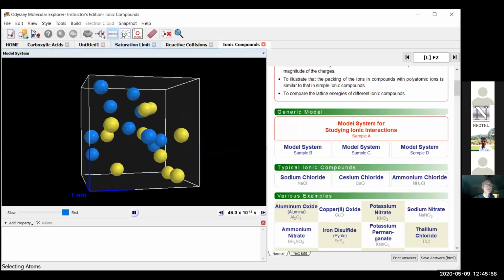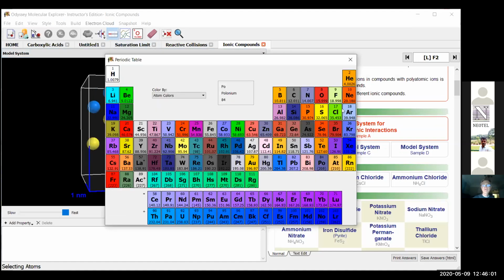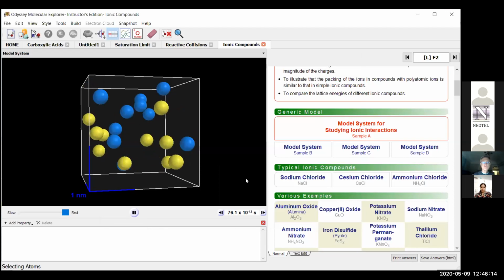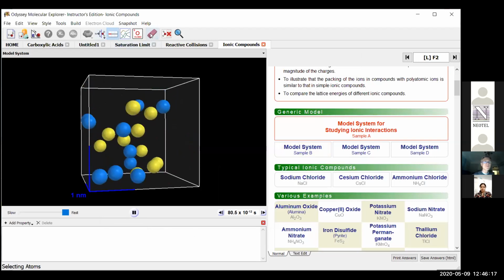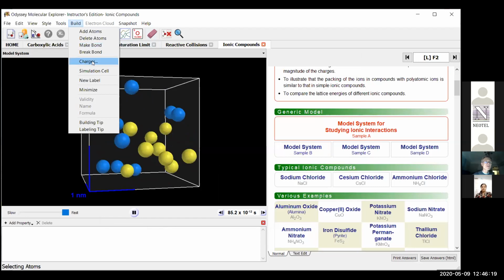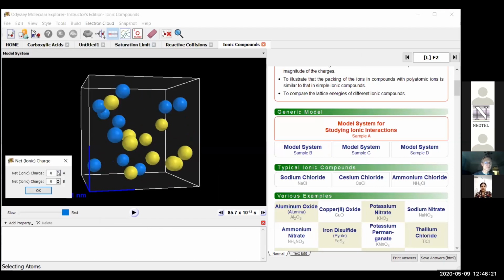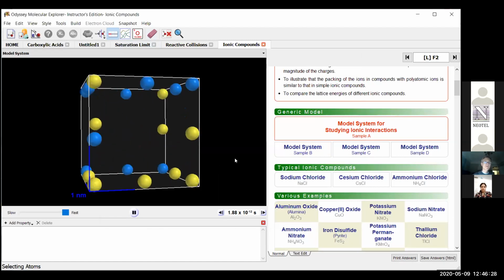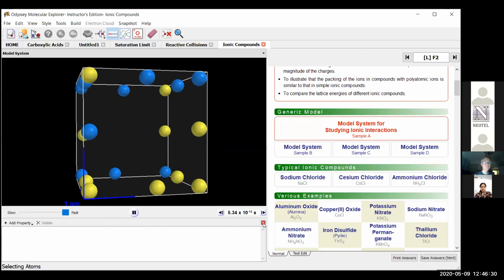So if I do two flavors of argon, what I can do is put charges onto the system. These are uncharged. If I put positive charges on both, I get this type of behavior.